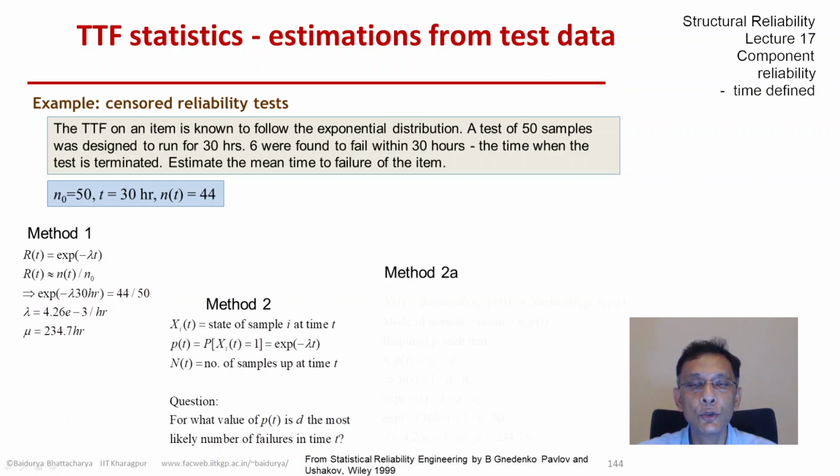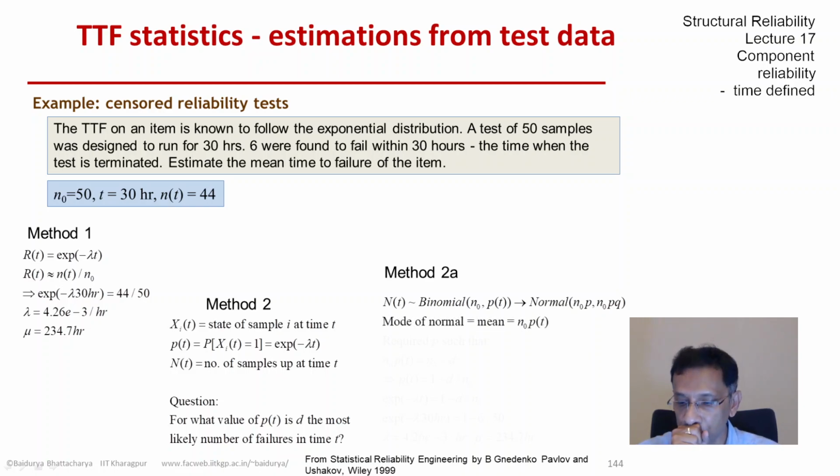So method 2a is, as I said, n of t is binomial with two parameters, n0 and p of t. Now we know that for a reasonably large n and a finite np, the binomial approaches a normal distribution. So the normal mean is n0p and the normal variance is n0pq.